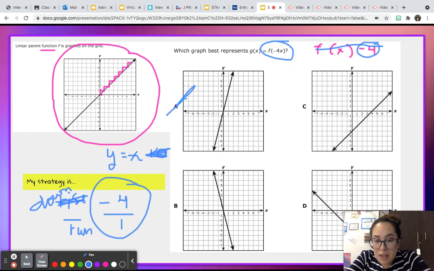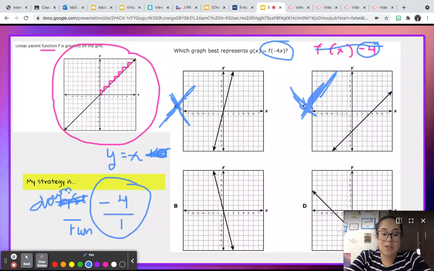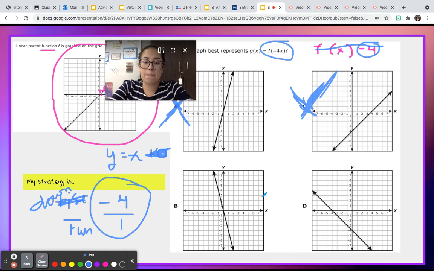So I can eliminate A for sure. A is not a negative slope. C is not a negative slope. So I have between B and D. B and D are the only ones that are negative because they're pointing downward. If it was a positive one, then I could determine A or C to be the correct answer choices, but that's not it because it was a negative slope.